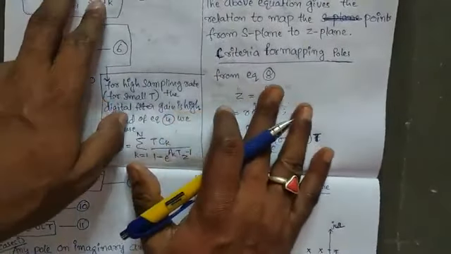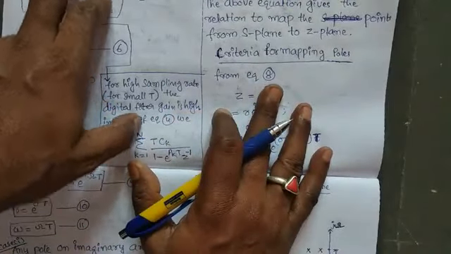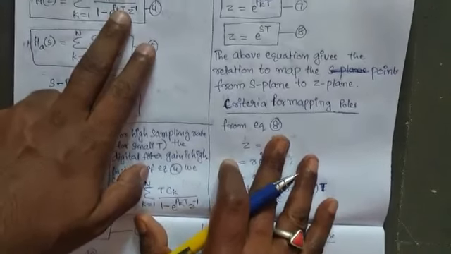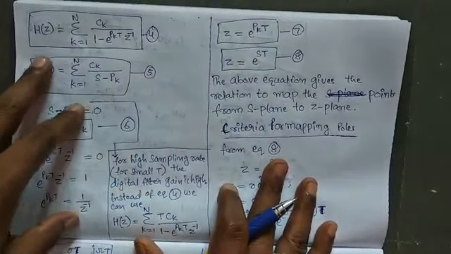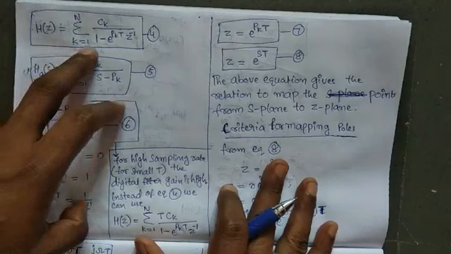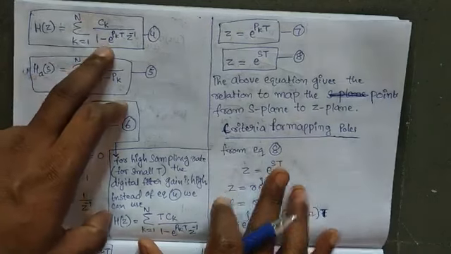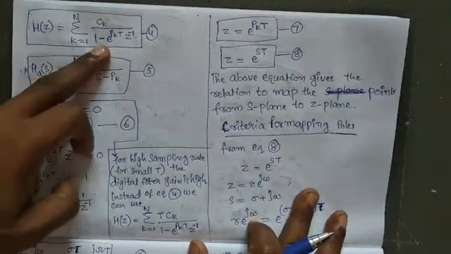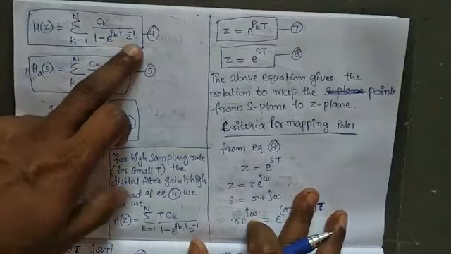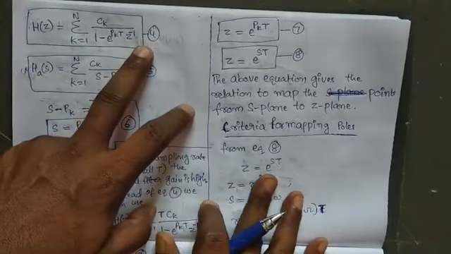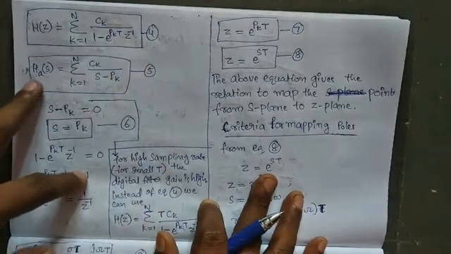Here H of z is equal to summation k equal to 1 to capital N ck by 1 minus e power pkT into z power minus 1. I am taking this as equation 4.